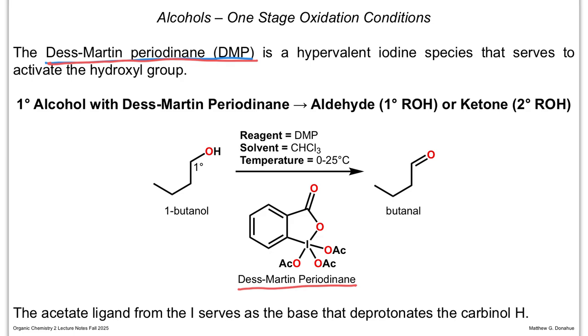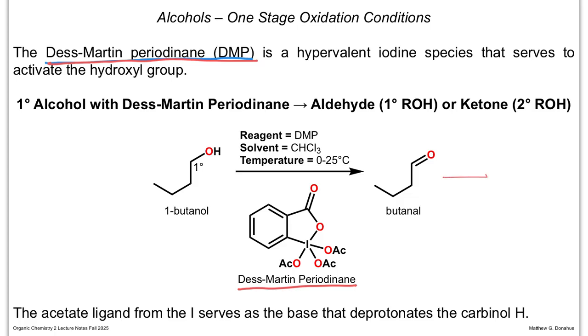So if we start putting all this together, if we take this butanol to make butanal, if we wanted to now make, we start with a primary, we have an aldehyde. If we wanted to make a secondary alcohol, we could take that aldehyde, add a Grignard to it to do a nucleophilic addition.